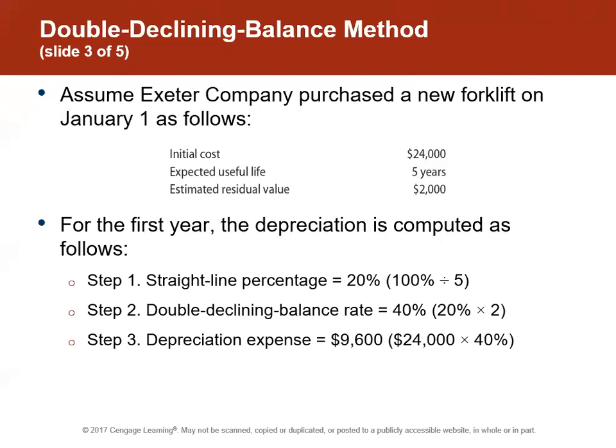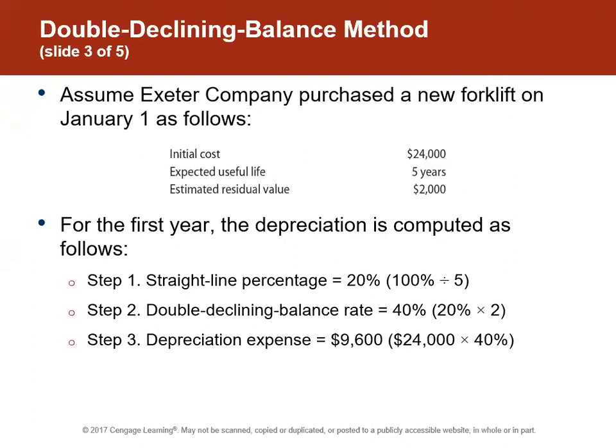Year 2, it's still 40%, but you're taking book value times 40%. So when you get to year 2, your book value is now 19, well, that's not correct for this. Whatever your new book value is, you'd have to take what's 40% of 24,000? Well, it's 9,600, right? So we'll just correct this.